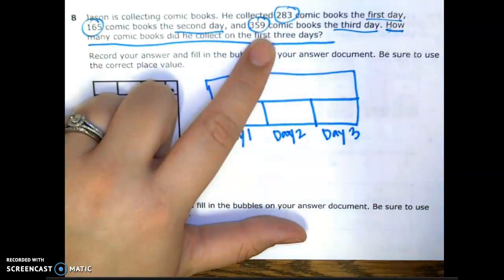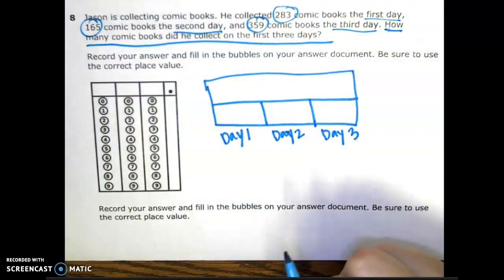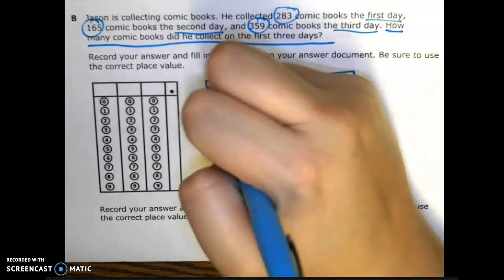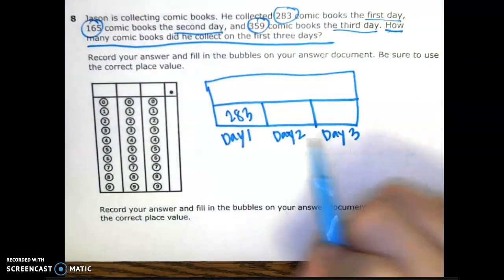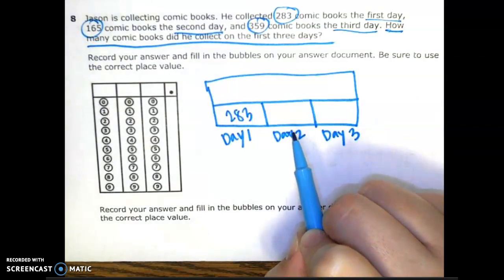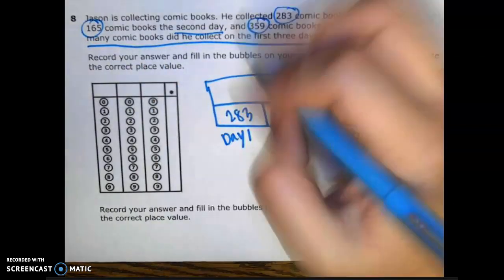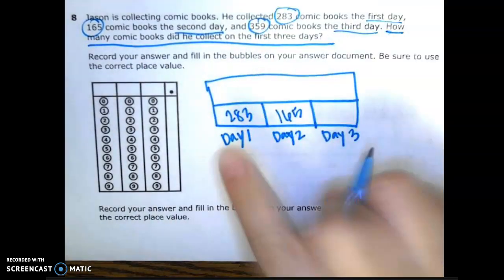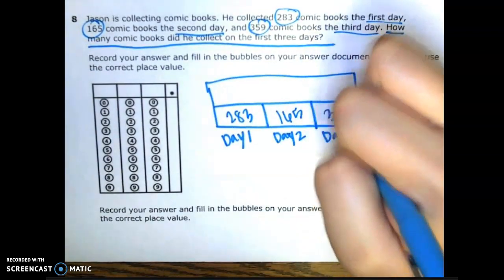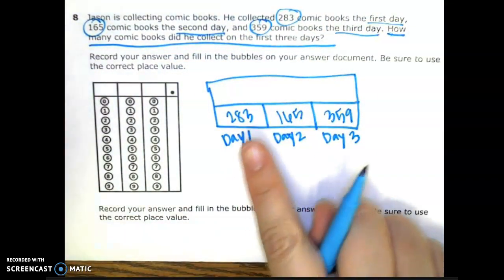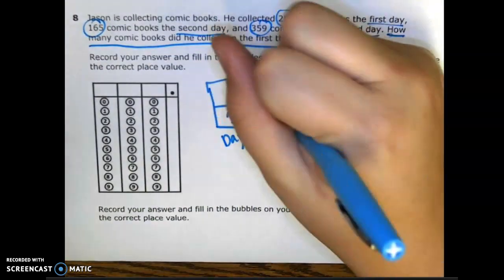I'm sorry, this lighting is so bad. On day 2, he collected 165. And day 3, he collected 359. So I know every single day, but I don't know my total.